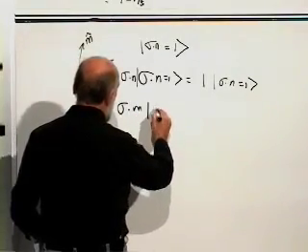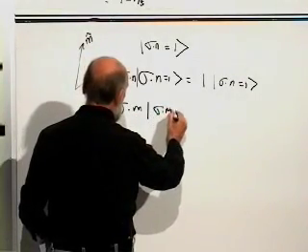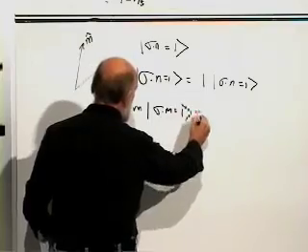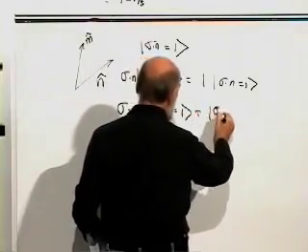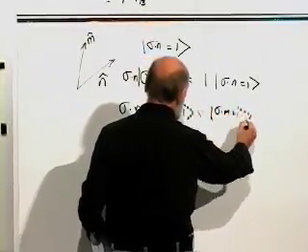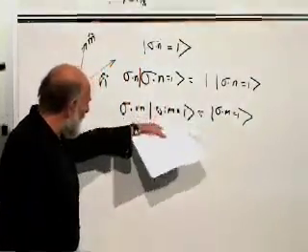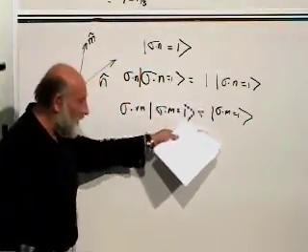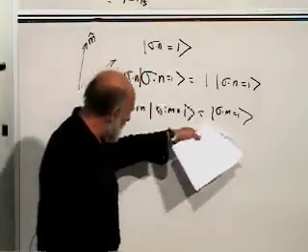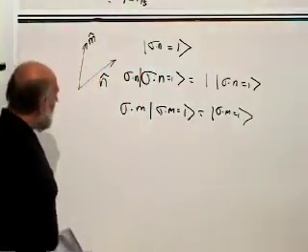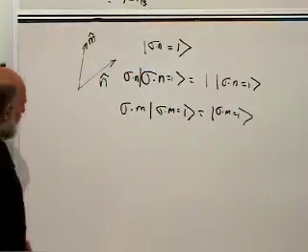Sigma dot m on the state sigma dot m equals +1 also gives +1 times that state. This equal sign here is not an equals. It's just part of the notation labeling the vector. I could have used a simpler notation.